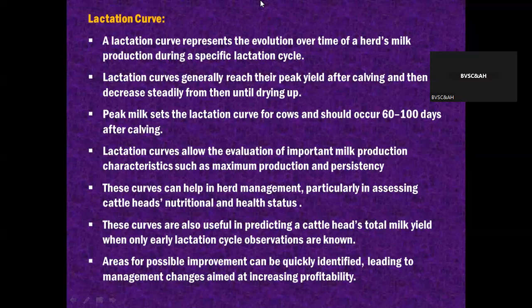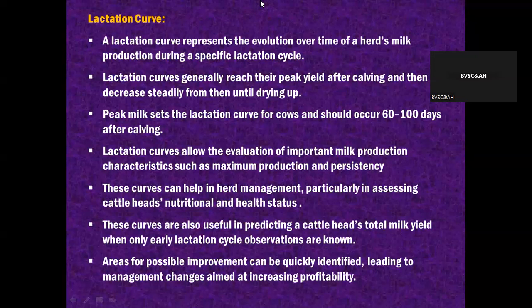There's a decline in the production till it dries off by about 300 days of lactation. So this lactation curve allows the evaluation of important milk production characteristics such as maximum production and persistence.